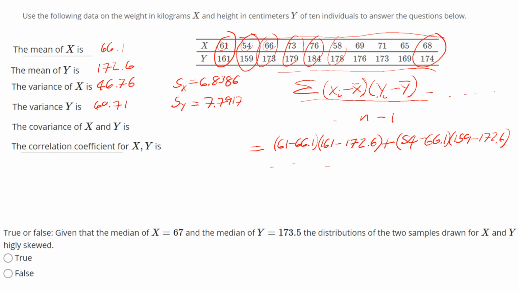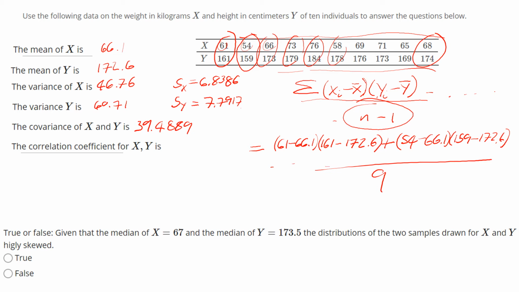And once we've done that, the next step, of course, is to divide by n minus 1, which is 9, so we divide all of those by 9, and we get a value of 39.4889, rounded to 4 decimal places. So that's our covariance. So we know that x and y are positively related based on that covariance.